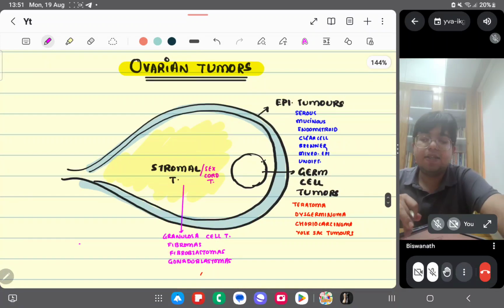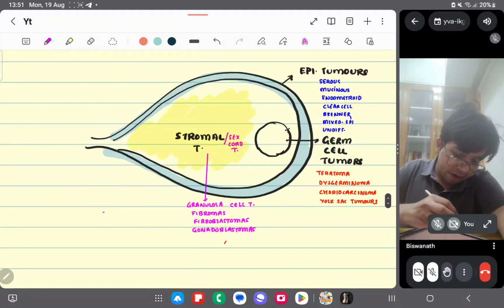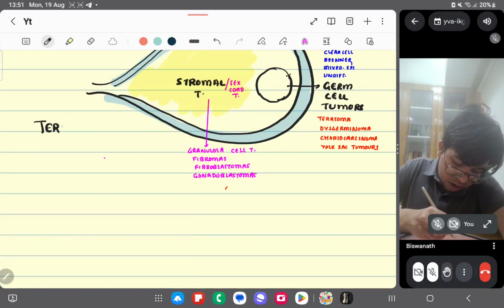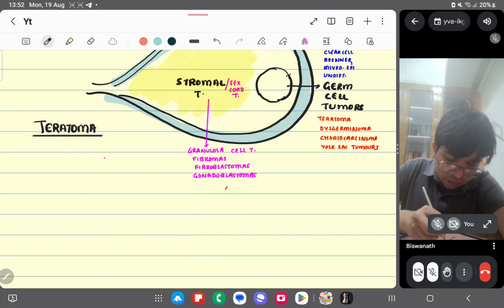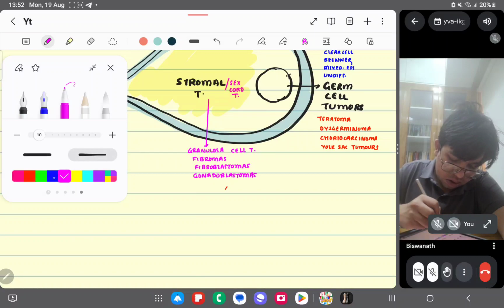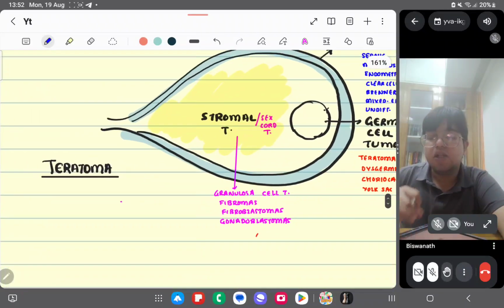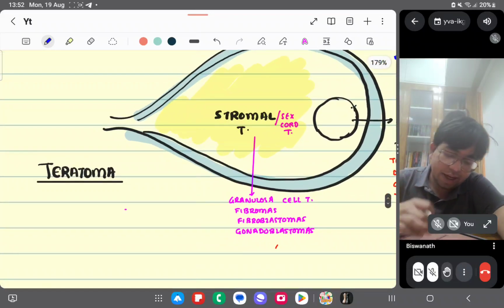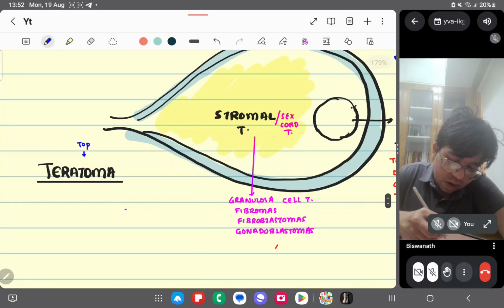Now let's talk first about our teratoma, right? What about teratoma? The origin of the teratoma is the totipotent stem cells.